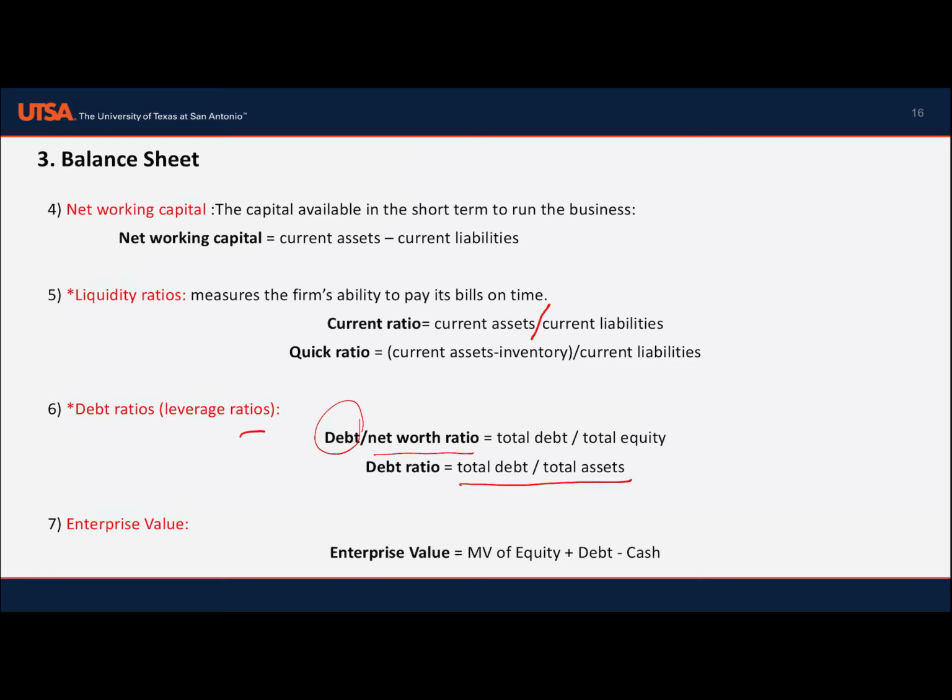So we mainly use this debt ratio, which is total debt over total assets. Enterprise value is market value of equity plus debt minus cash.